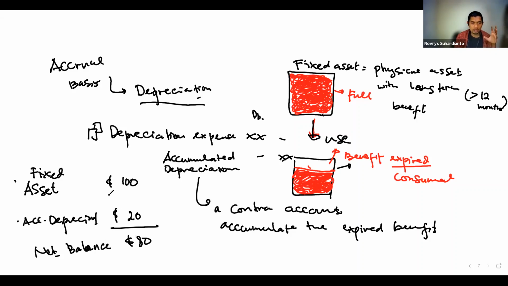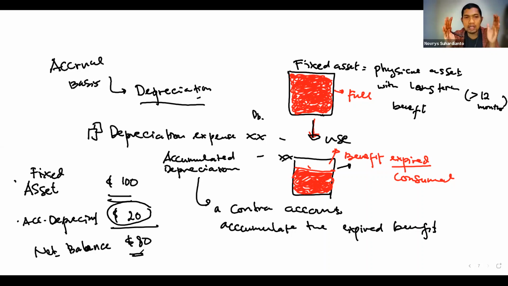It means that the fixed asset contained 100 of economic benefit and 20 of it has already expired. So now the fixed asset contains 80 of economic benefit.